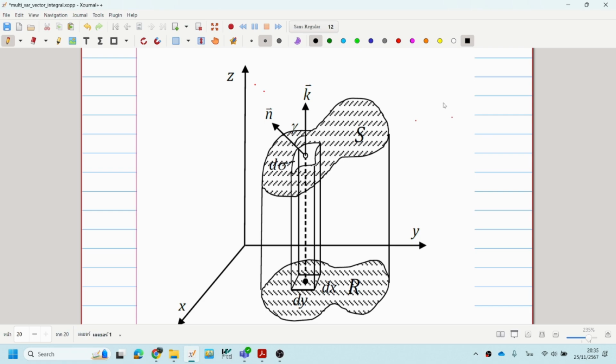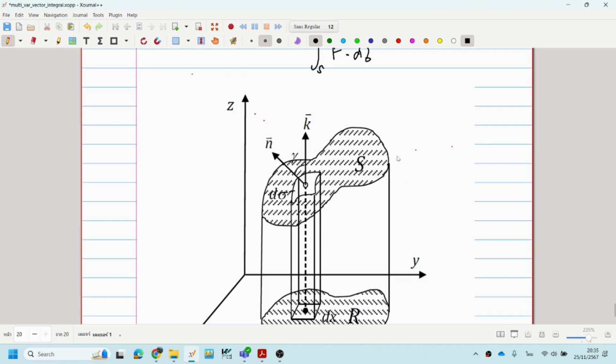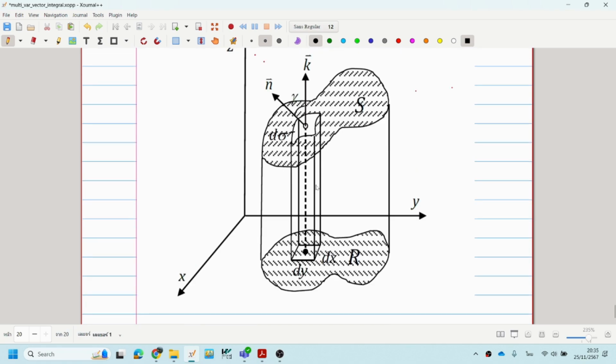I cut off a small element of the surface, and define its surface area as d sigma.